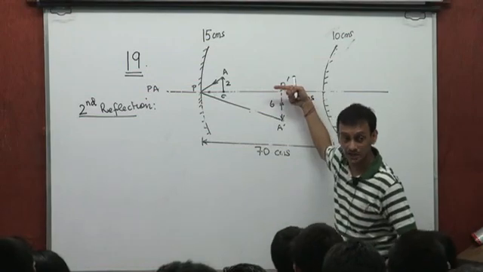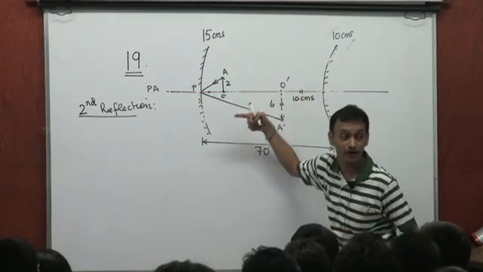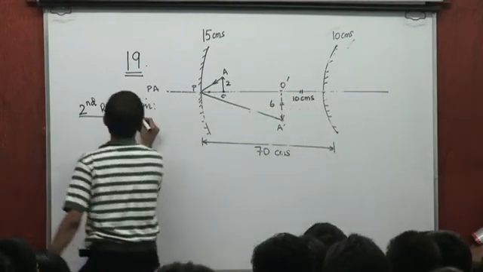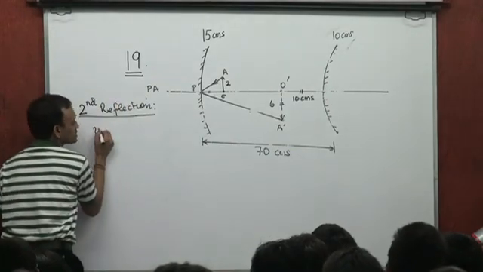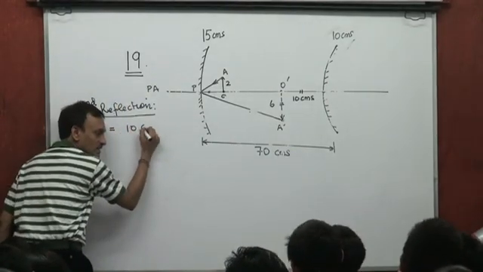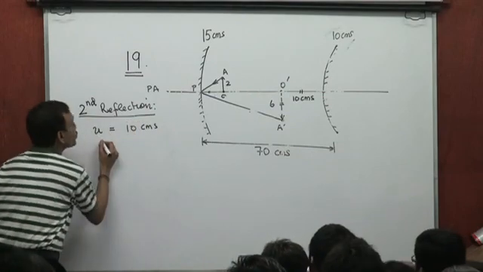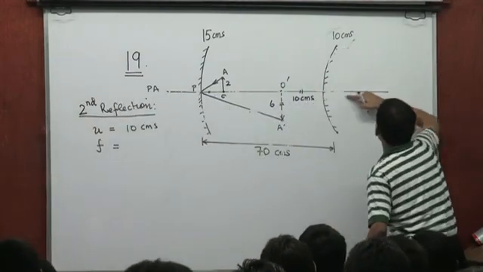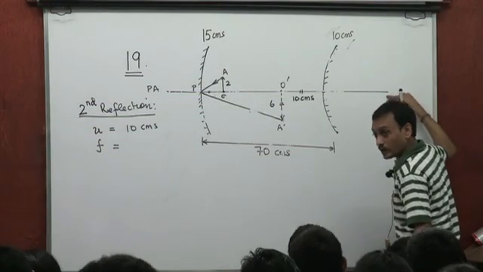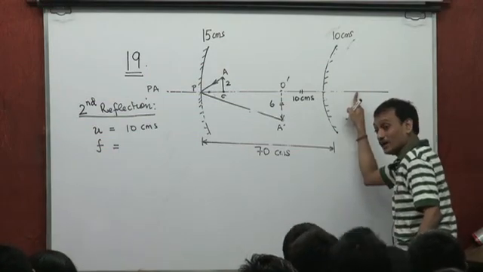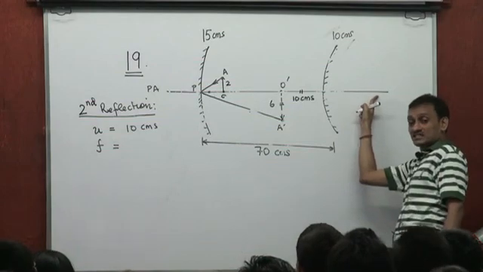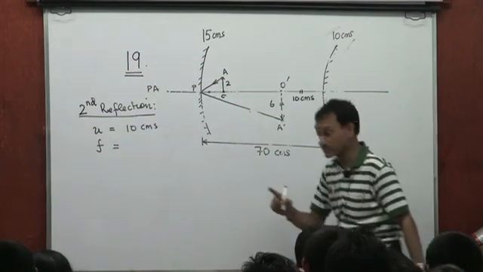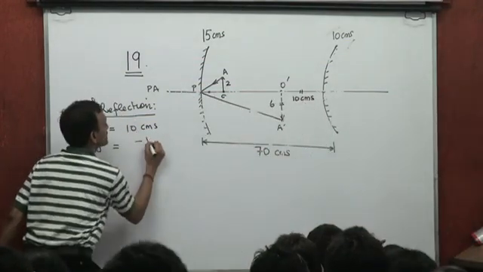Anything measured in this direction now would be positive, right? So then for the convex mirror, the object distance is plus 10 centimeters, right? The focal length f is minus 10 because the center of this lies here, right? So the focus will lie somewhere here, measured in the same direction as the incident ray, so negative. Focal length is minus 10 centimeters.